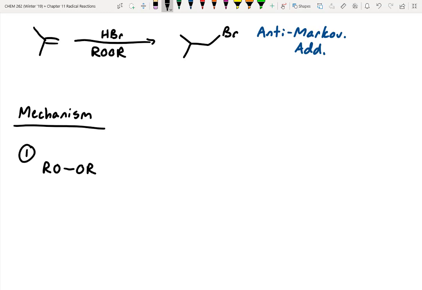That oxygen-oxygen bond is incredibly weak, so it's pretty easy to cleave. You can pop one electron over to each side, and in fact, you don't even need UV light for this to occur. You just need heat, so we can show that with our delta symbol. We generate two oxygen radicals in this process, and these oxygen radicals are highly reactive.